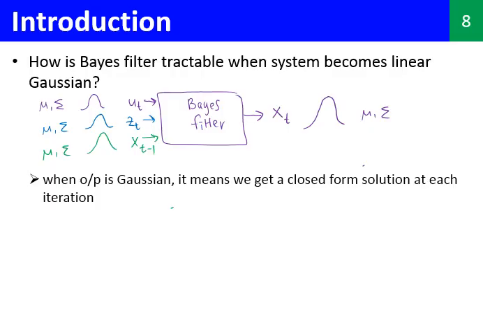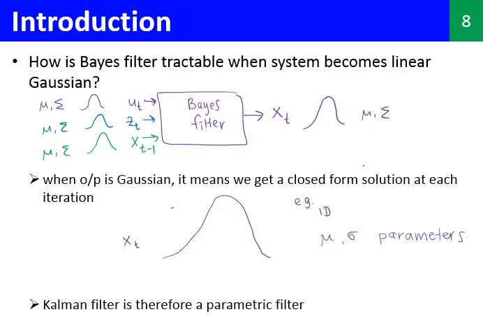If I take the one-dimensional case, I will have a Gaussian distribution, so this is 1D, and I will have mu and a sigma, which are my two parameters. Because of this, we say that Kalman filter is a parametric filter.